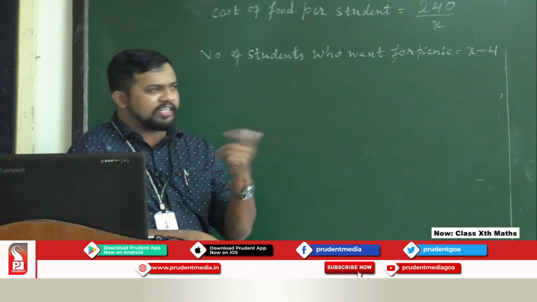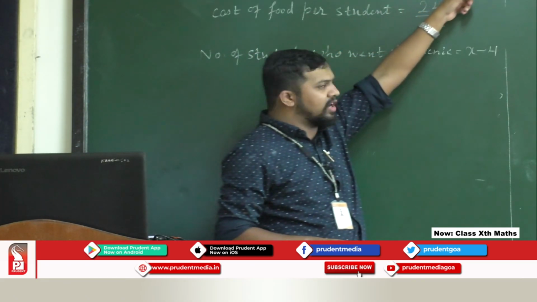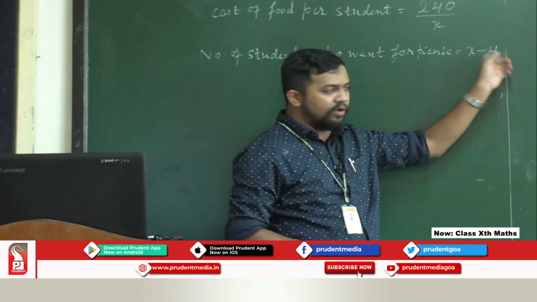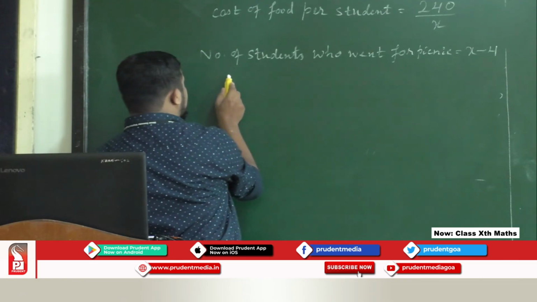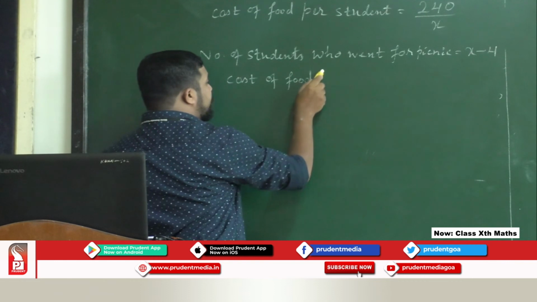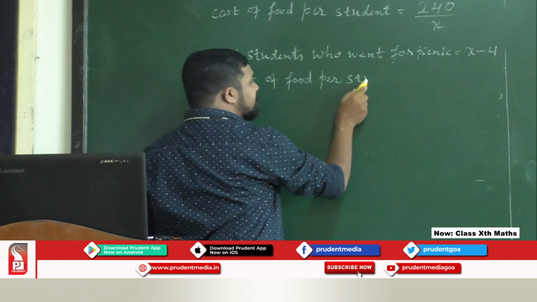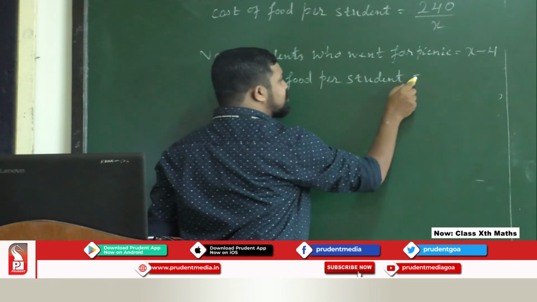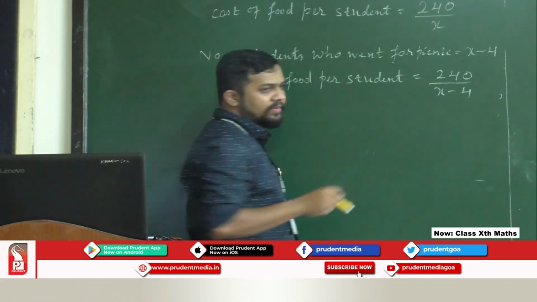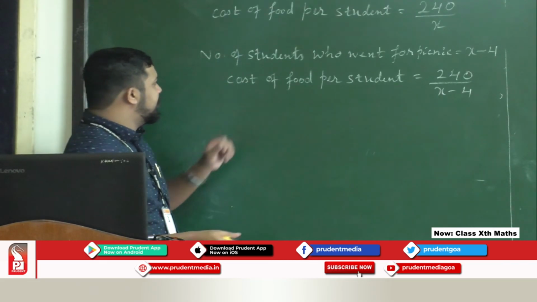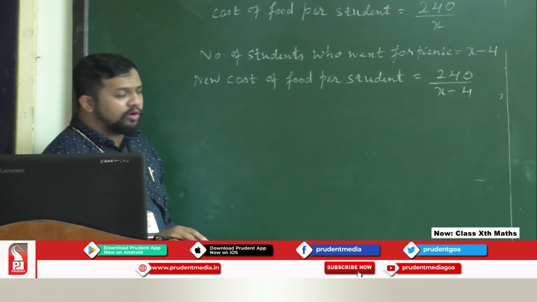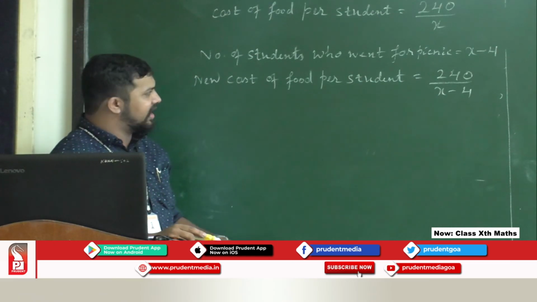So how many are left? 6 are going now. Same way, earlier x students were arranged for the picnic, but now 4 are not coming, so x minus 4. Obviously you will get a new cost. So the cost of food per student will also change. The budget is 240 only, but now it will be x minus 4. So the new cost of food per student will be 240 by x minus 4.